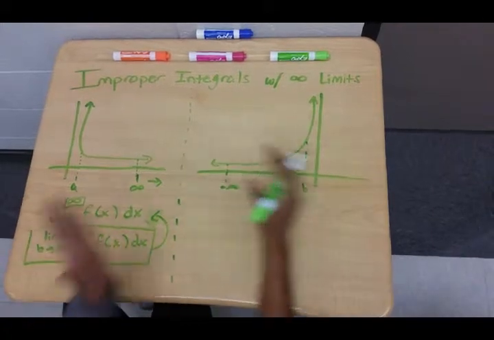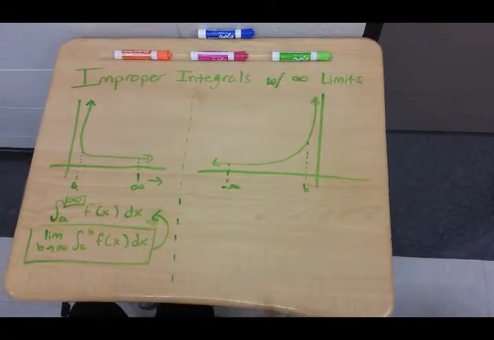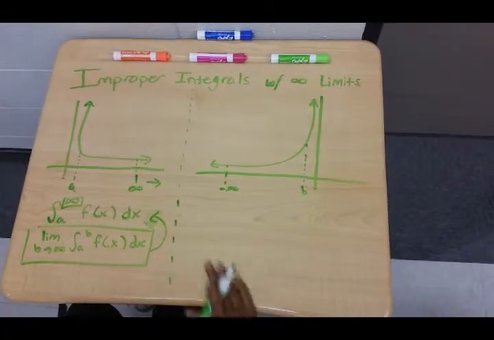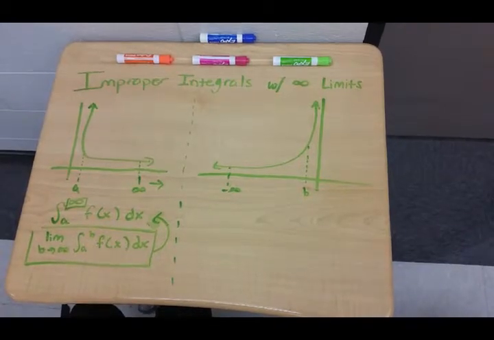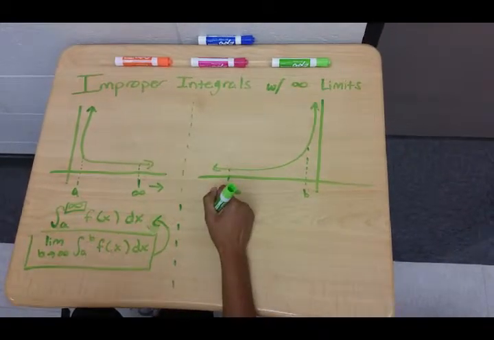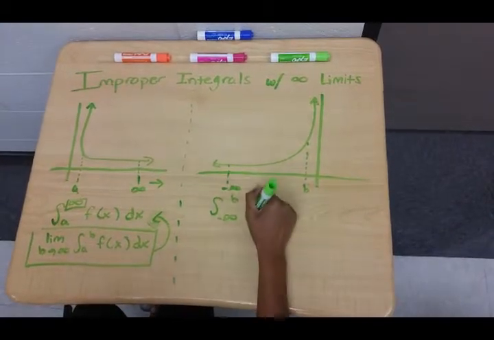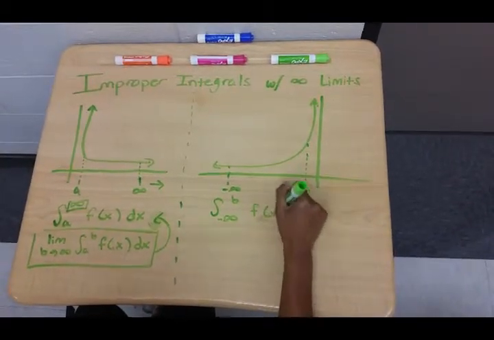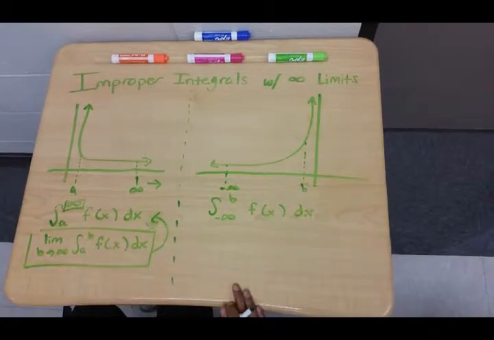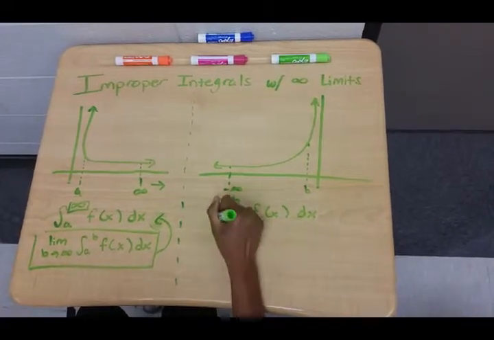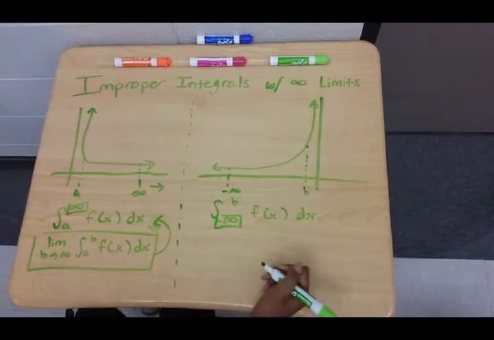Okay, now when you move it over to this graph, this is actually a very similar graph, except it's coming from negative infinity. So we're going to do the exact same thing. The integral from negative infinity to b of f of x dx is how you would write that. But like I said before, this has to be a finite number.